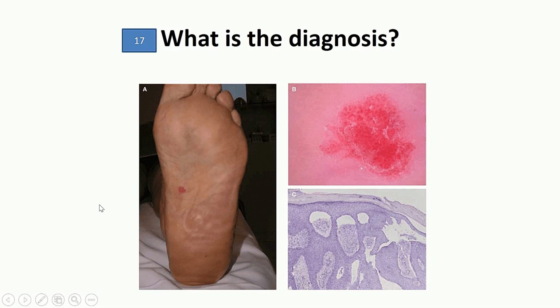A case that is mostly proposed on the plantar surface in clinical image, and the histopathology may resemble superficial basal cell carcinoma. And on dermoscopy, what we see are polymorphous vascular structures.